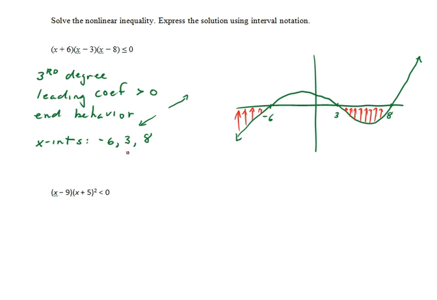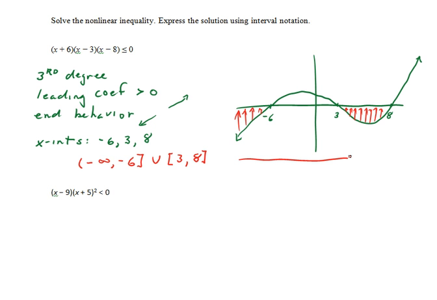So our solution will be the interval from negative infinity to negative 6, including the negative 6 because of the less than or equal to, union the interval from 3 to 8, including both endpoints.